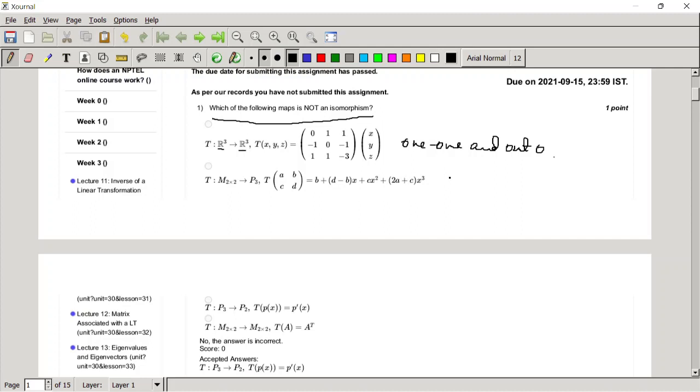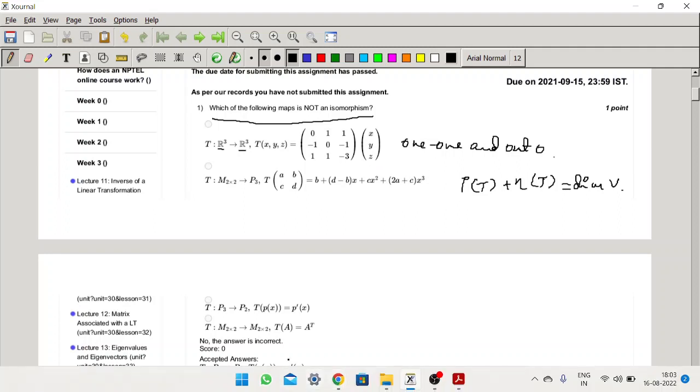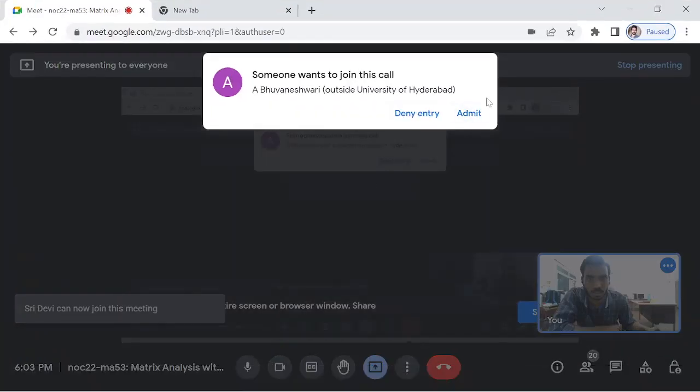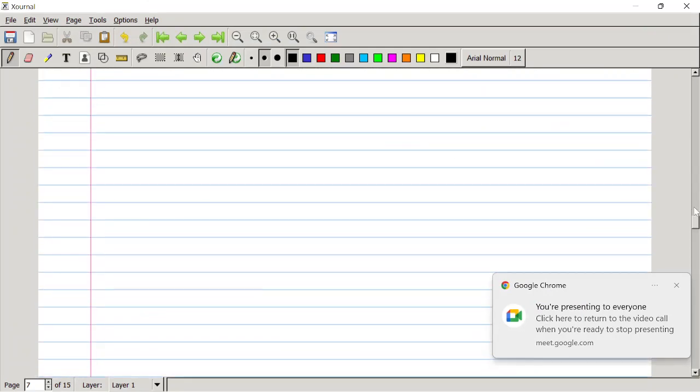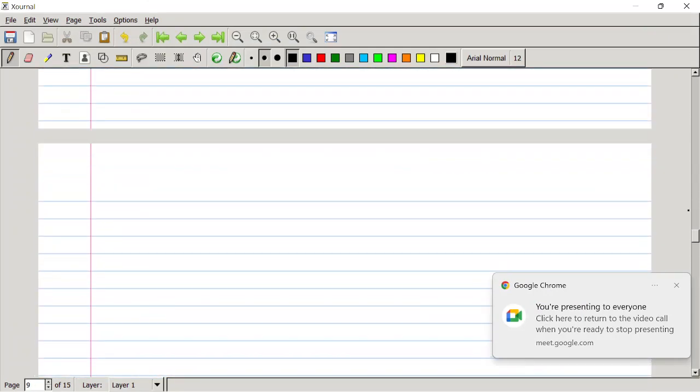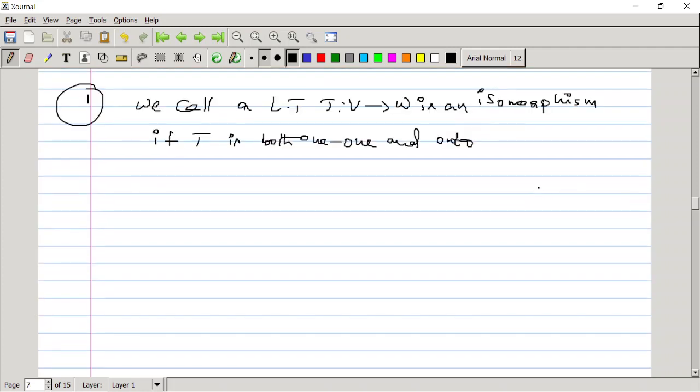For that we have the rank nullity theorem: rank of T plus nullity equals the dimension of the domain. From this, if it is one to one, then it is onto, because the dimensions of the domain and codomain are equal. So we will just check one to one.